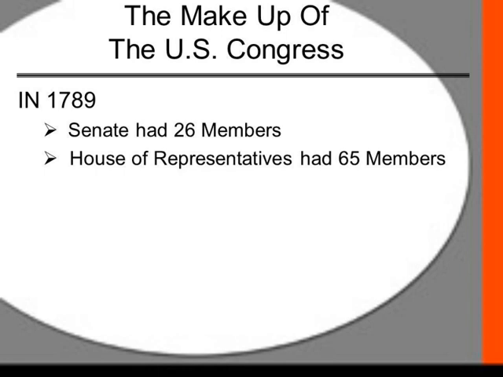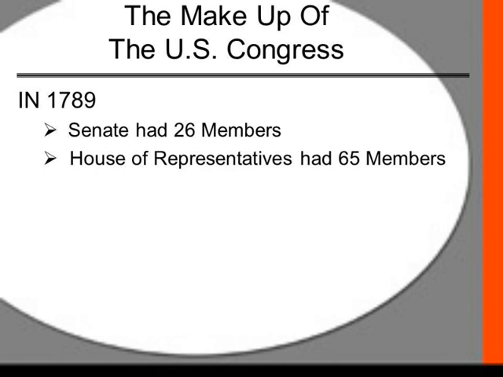The U.S. Constitution originally says that there will be 1 member of the United States House of Representatives from each state for every 30,000 in population from that state. So we could do some rough math here and multiply 65 times 30,000, and it would give us a rough estimate of the population of the United States in 1789.